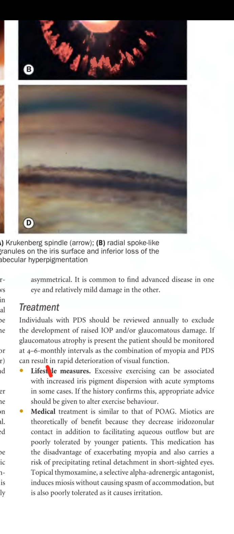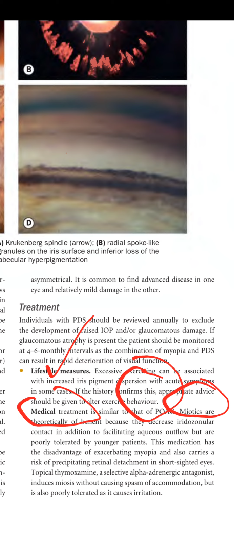So basically, they are prescribed the same medication as in POAG, and miotics are sometimes of theoretical benefit because they decrease the iridozonular contact, but in patients with myopia, this tends to exacerbate the myopia, and there is a risk of precipitating retinal detachment in short-sighted eyes.